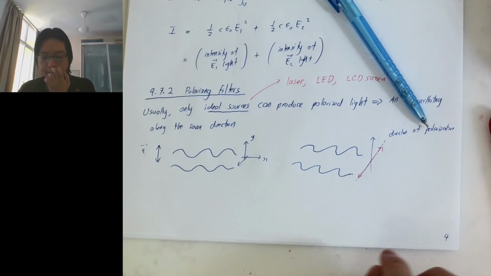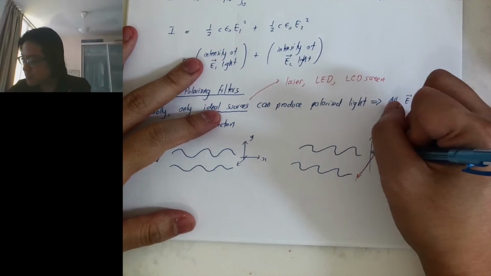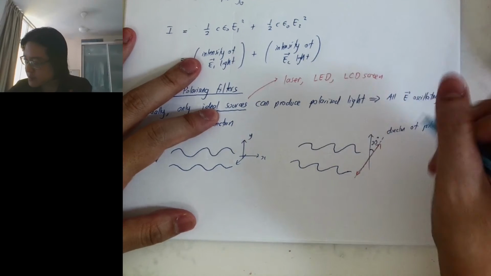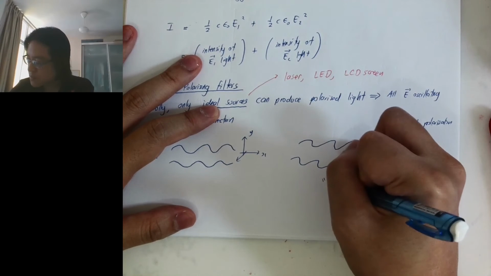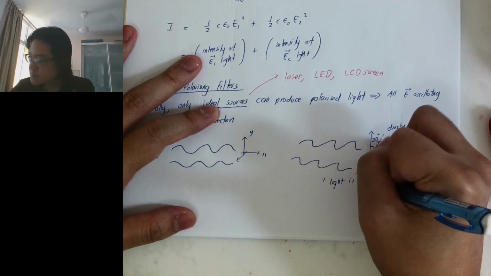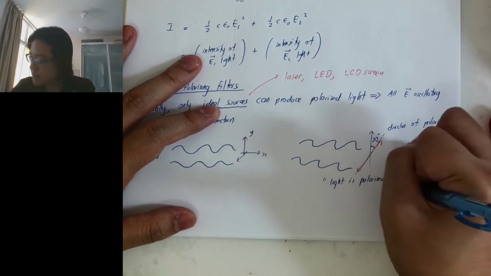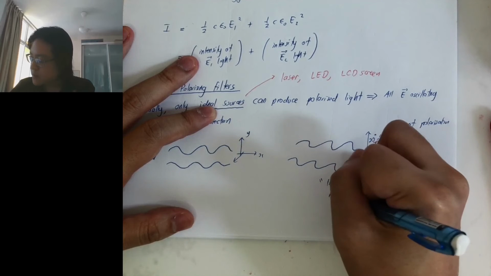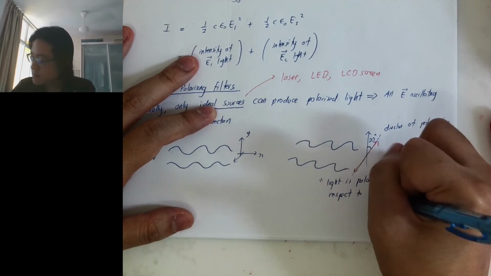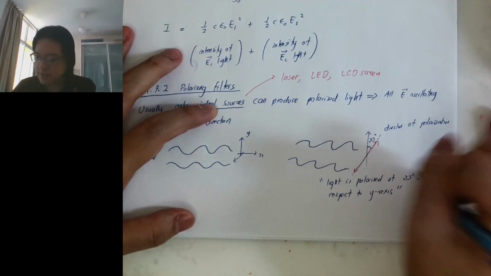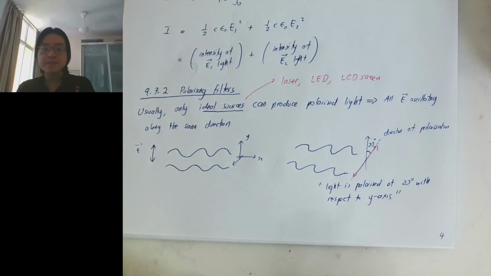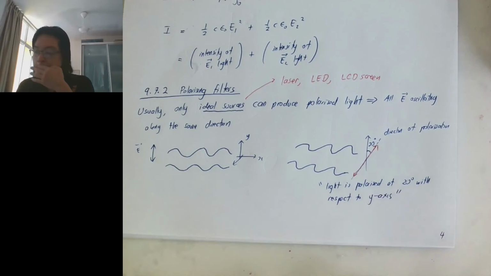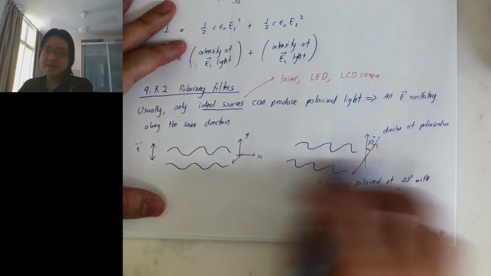Like this. Okay, so let's take a random example. Let's say this is 20 degrees. So we say that this light is polarized at 20 degrees with respect to the y-axis. So these are the polarized light, and this is the light that we have been studying.